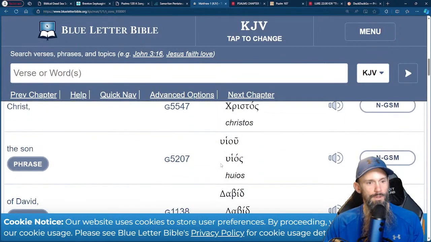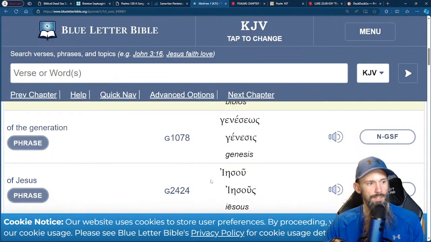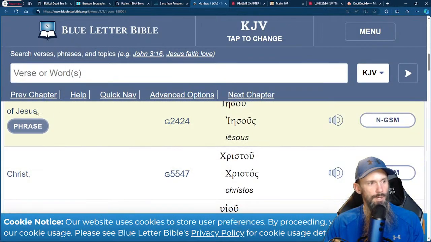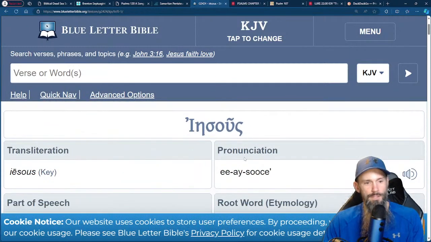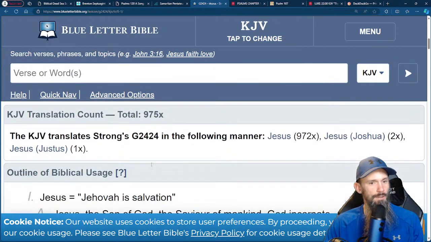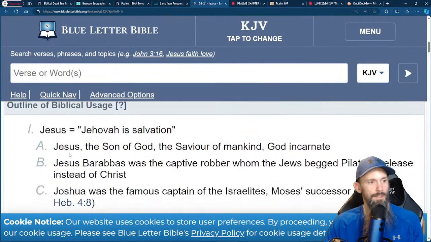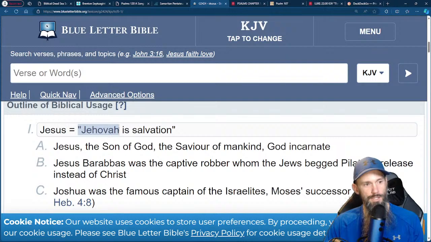Go to Matthew. And I'm not against the Greek. Greek's fine. It's not the holy tongue. That's the Hebrew, but it's a translation. Iesus, Jesus, right? 972 times. That comes from the Greek, meaning what they say, Jehovah's salvation.